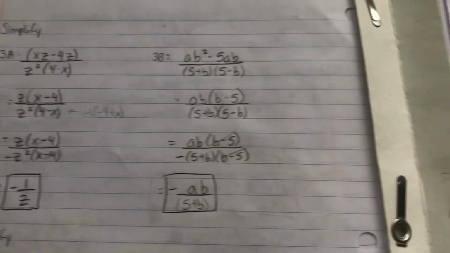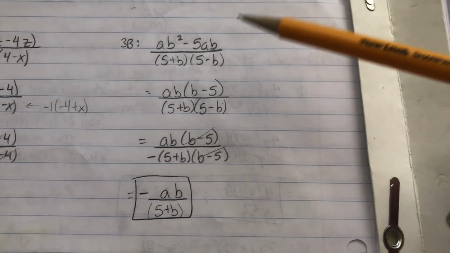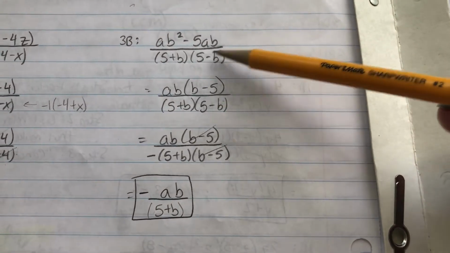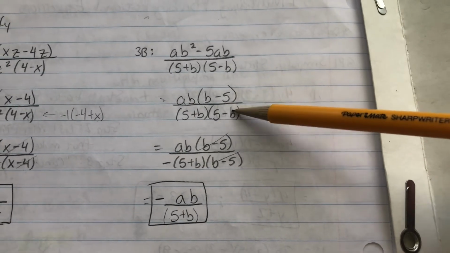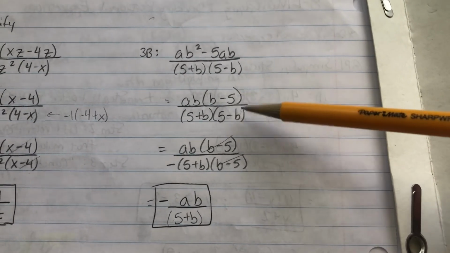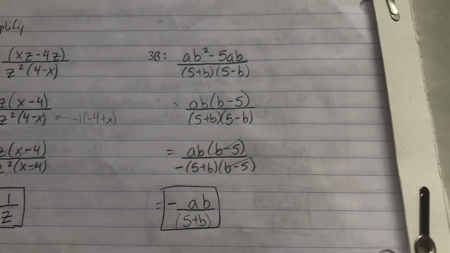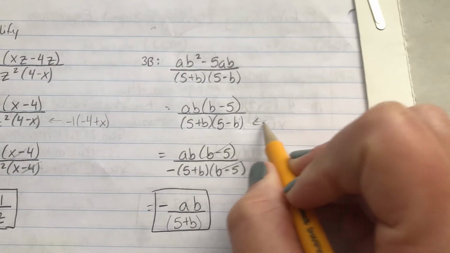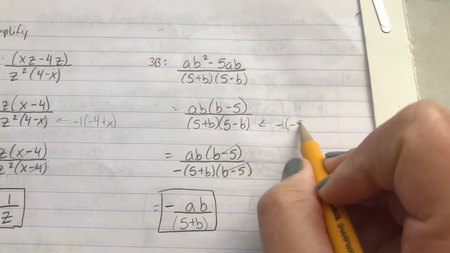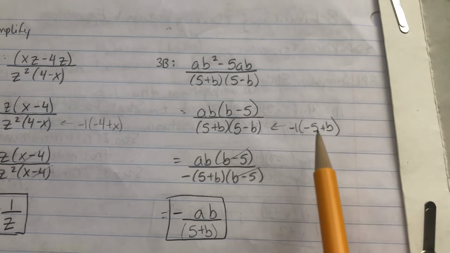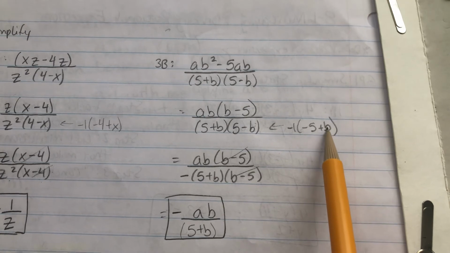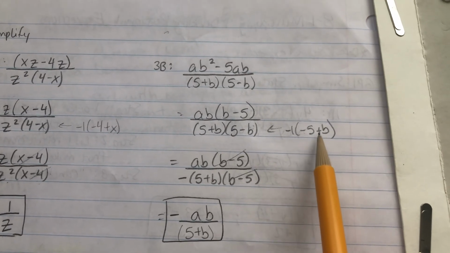Okay, so that same idea pops up here in part B. In the numerator, we can take out an a and a b. Denominator is already factored, but as you notice here, we have a b minus 5 and a 5 minus b. So again, we can take that and factor out a negative 1. It changes the signs inside your parentheses, and it's always better on the eyes to see it as b minus 5 instead of negative 5 plus b.